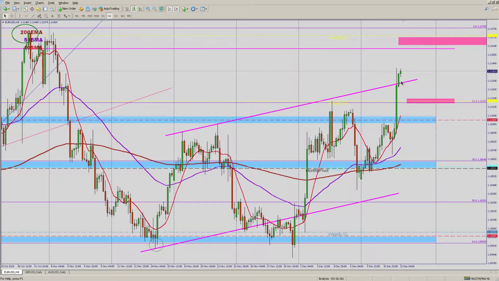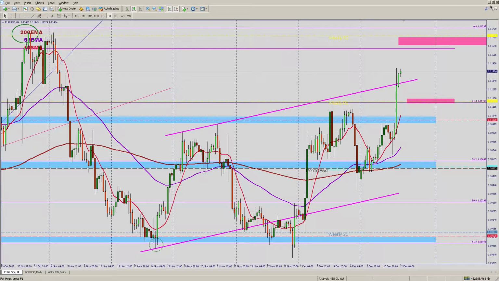Right, so this breakout of the slightly bullish channel, it's possible it could extend, but then it's got to pull back to retest this upper trend line for another bounce, and then we'll see what the reaction is here at this resistance zone.